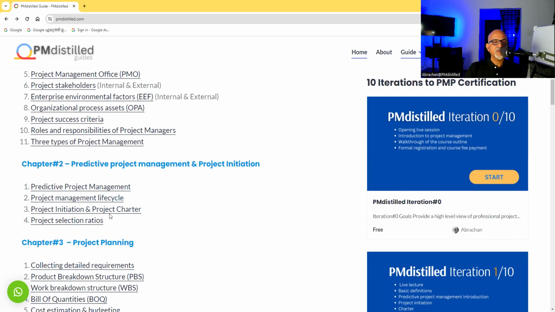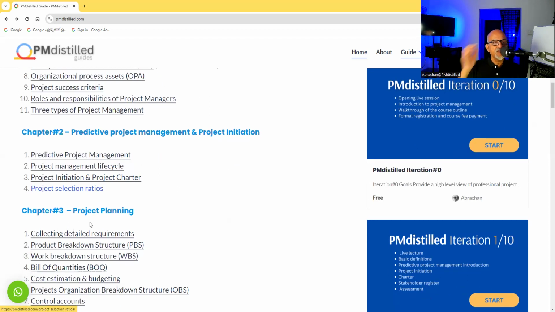Then we get into project initiation, what all things we really do, who all are involved. And it talks about the project chartering process as well. And we talk about project selection ratios.